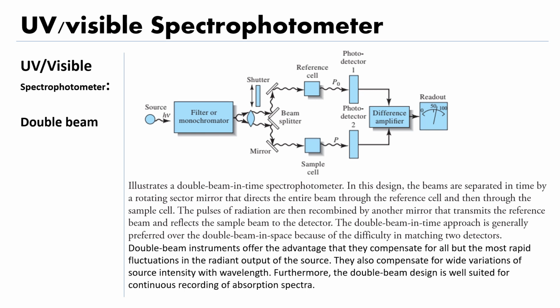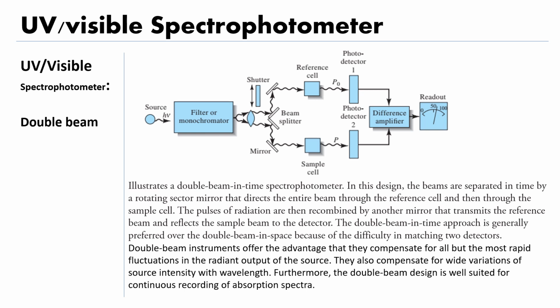One beam passes to the reference cell and the other to the sample cell, and the intensity is detected by the photodetector, which detects the difference between the two signals, one from the reference cell and one from the sample cell. Later an algorithm is used and the readout is shown.